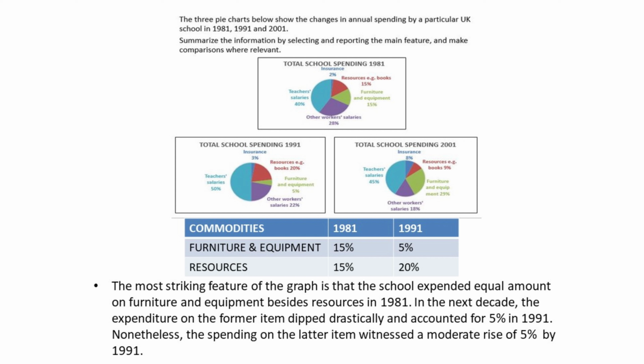The most striking feature of the graph is that the school expended equal amount on furniture and equipment besides resources in 1981. In the next decade, the expenditure on the former item dipped drastically and accounted for 5% in 1991. Nonetheless, the spending on the latter item witnessed a moderate rise of 5% by 1991.